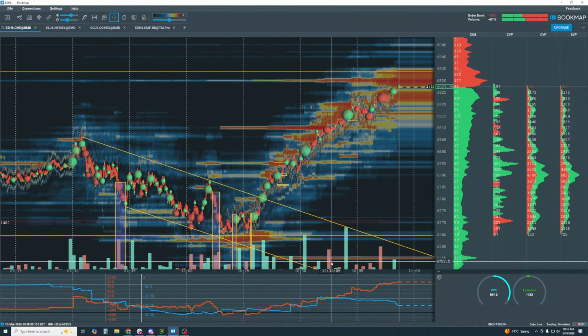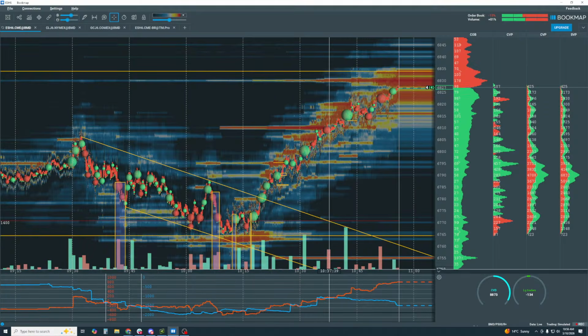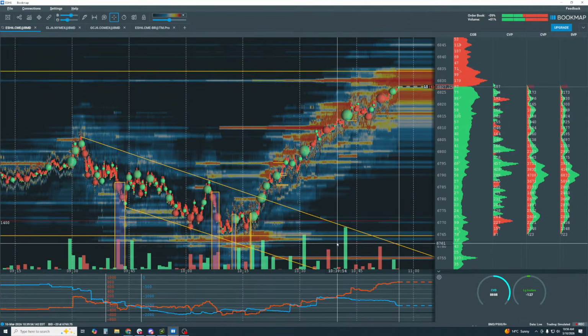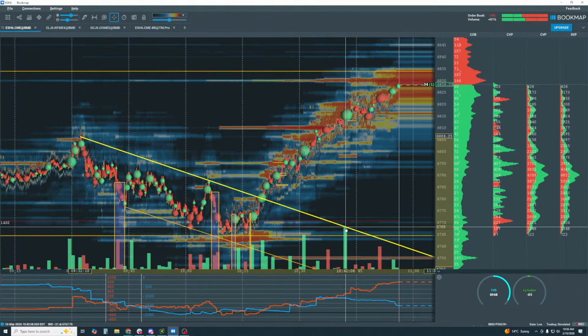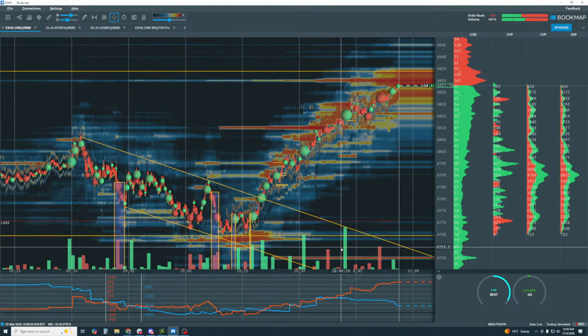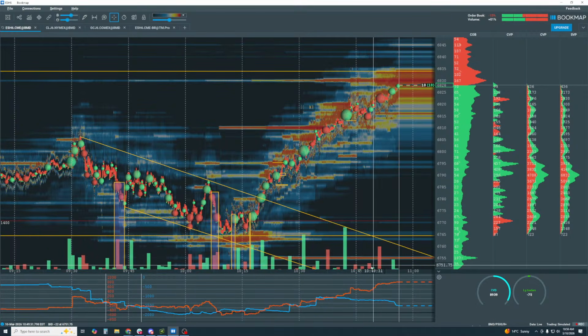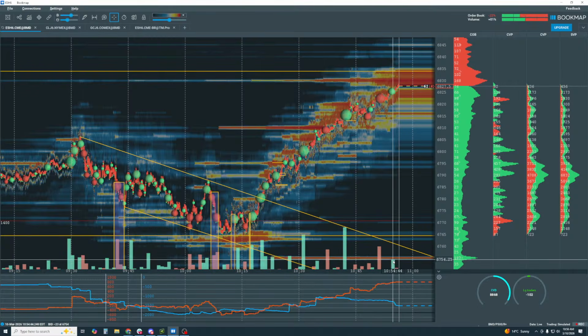Same idea. This would be in your footprint chart in your delta column, and in the sub chart here. This would say like negative, I don't know, 300 or something. This one here is going to be a positive like 1200 or something. And then you can see some negative delta coming in here, and then some buying coming in here.